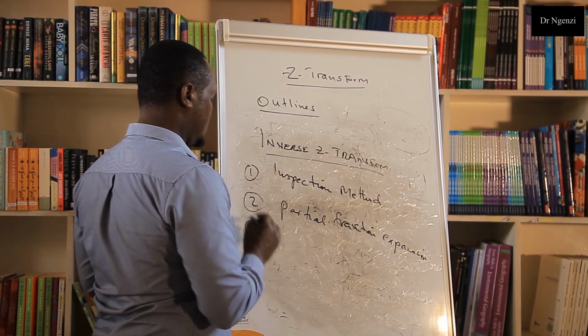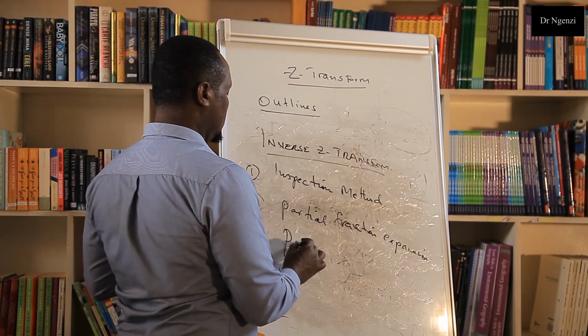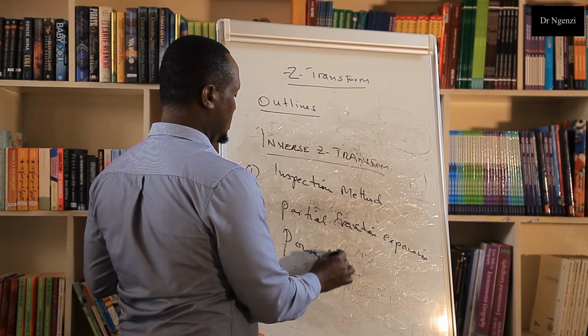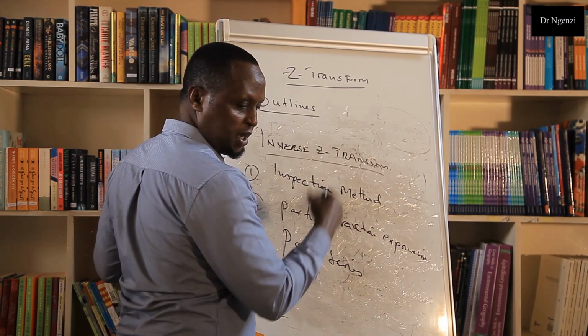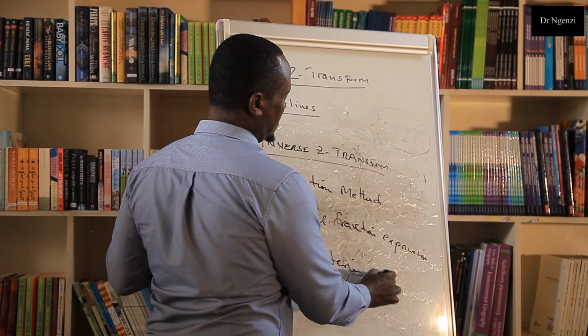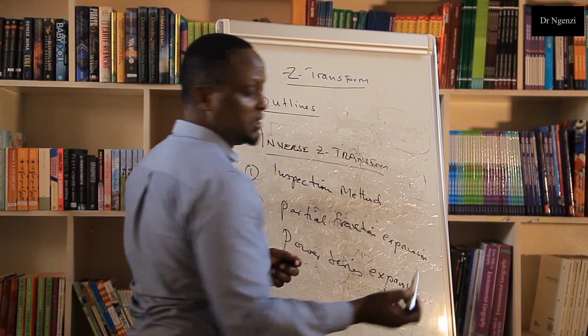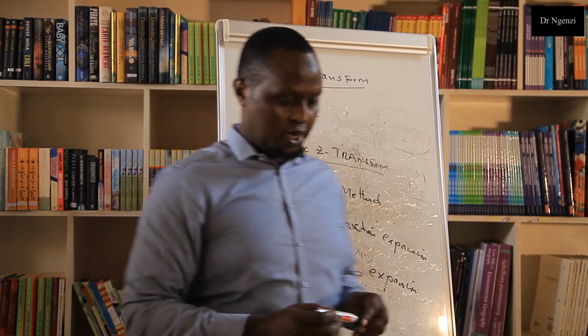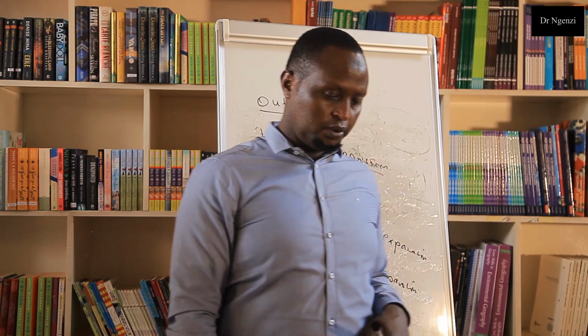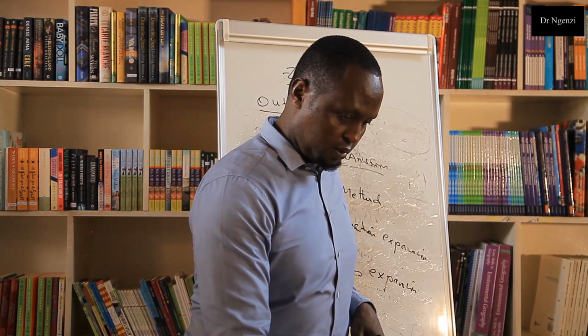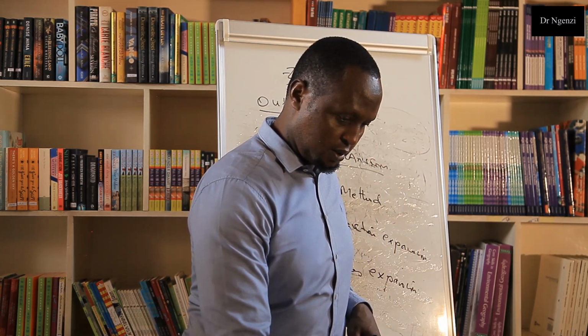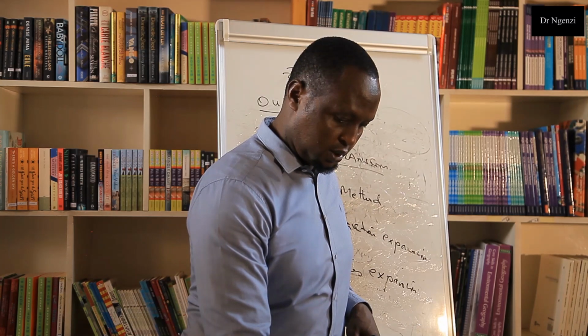And the third one, you are going to use power series expansion. We are going to discuss them one by one as we are close to the end of today's session. Okay.